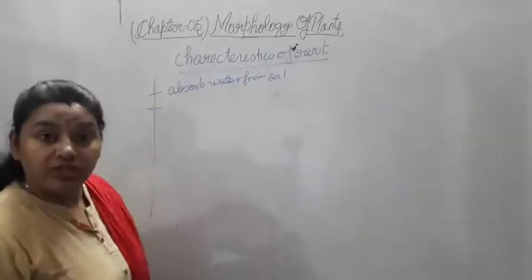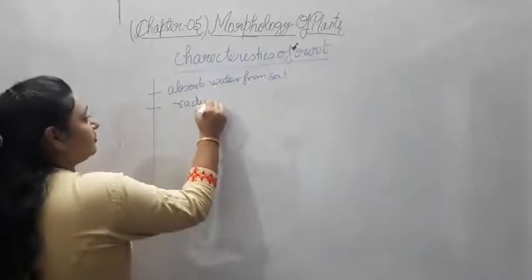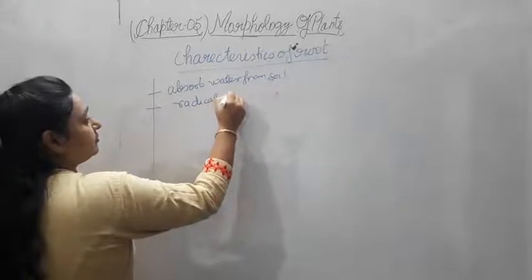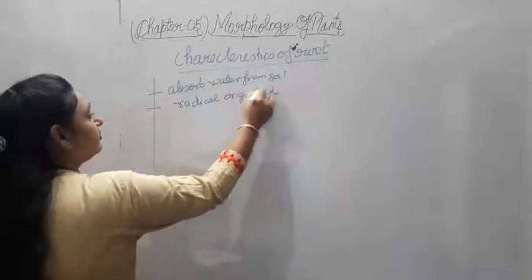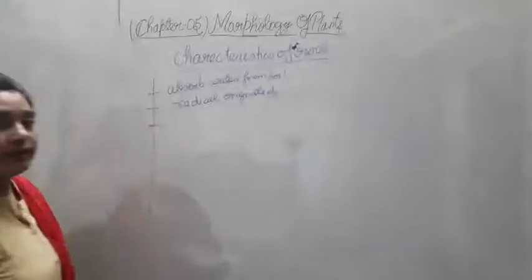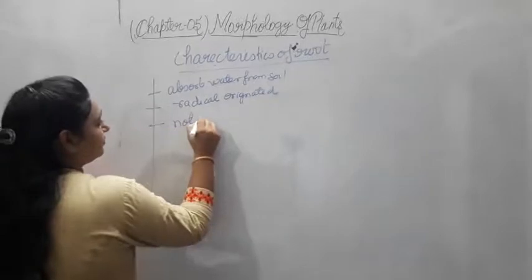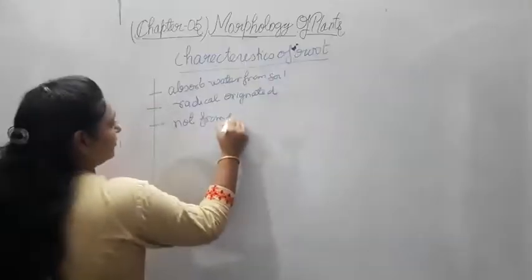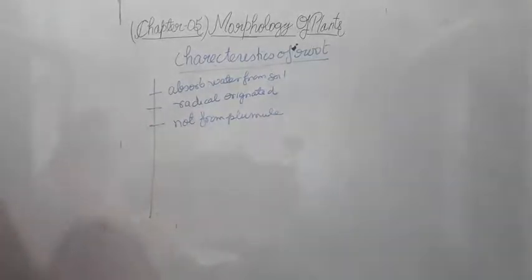They originate from the radicle and do not originate from the plumule. Plumule, you know, gets converted into the shoot.